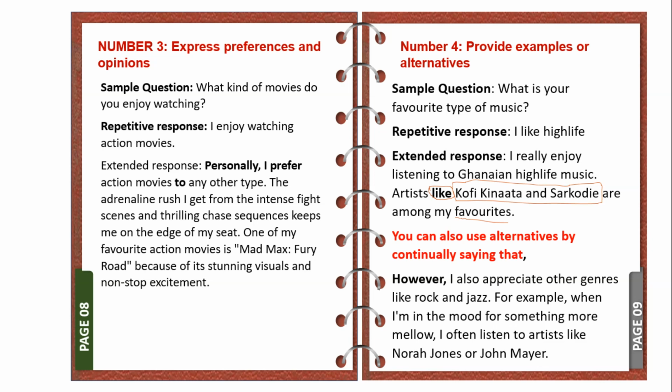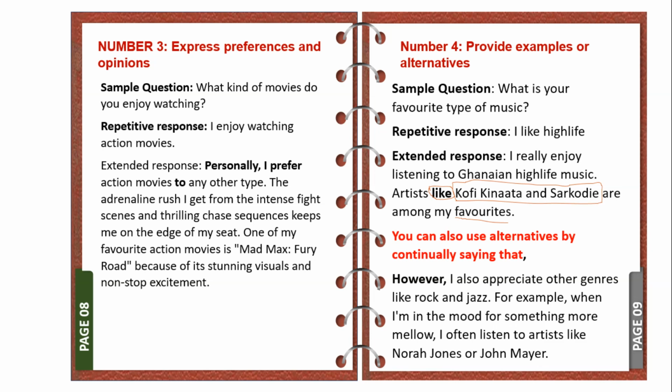Is that okay? So that is how you can also extend your answers when you are going about with the IELTS speaking part 1. You can show example or provide example. So after answering my question, I further give an example. I really enjoy listening to Ghanaian high life music. Artists like Kofi Kinata and Sarkodie are my favorites.